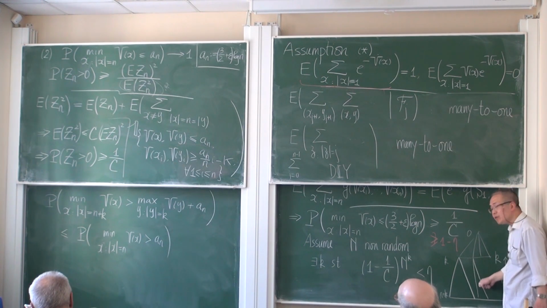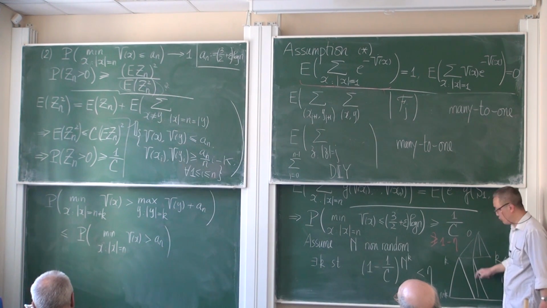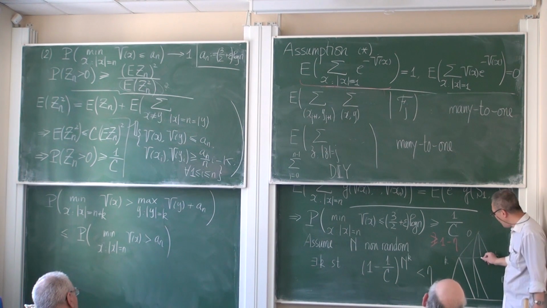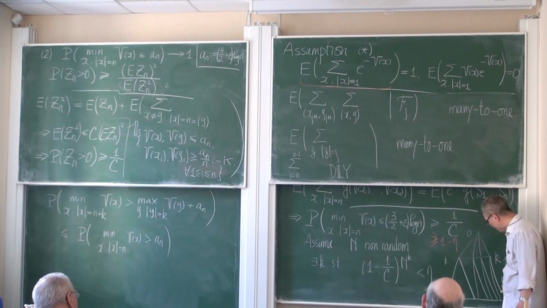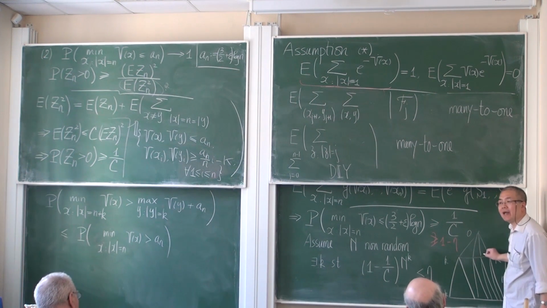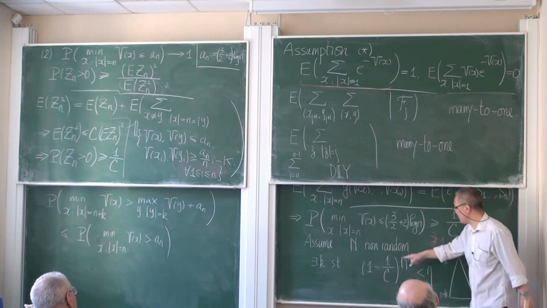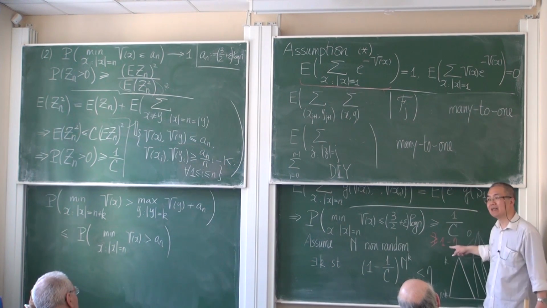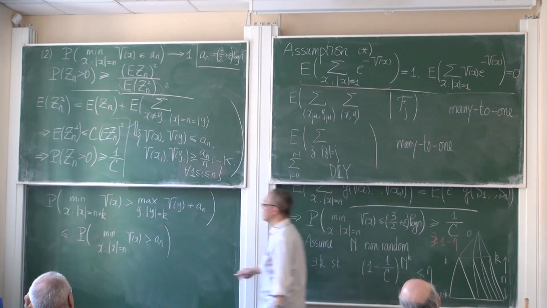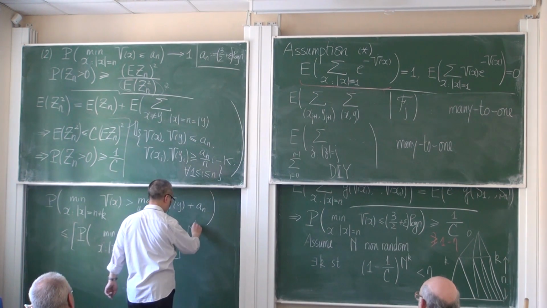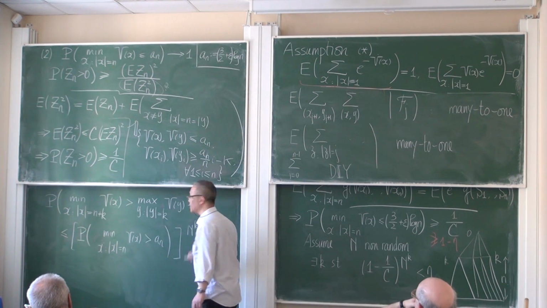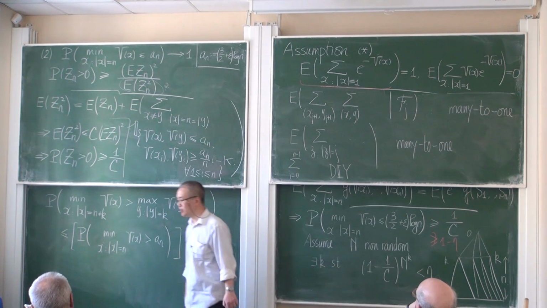So for this subtree, the same event is still true. And these are independent things. So all I need to do is just to count the number of subtrees at generation k, which by definition is capital N to the k, because I assume that capital N is a constant. Yes? So this is smaller than this guy to the capital N to the k. Yes? Because all these subtrees, of course, are independent. That's the definition of my model.